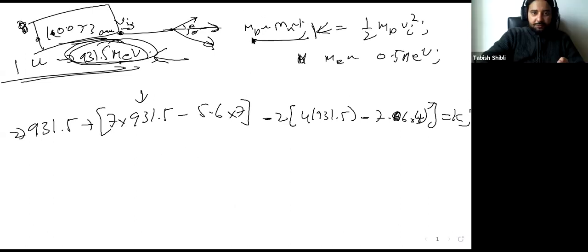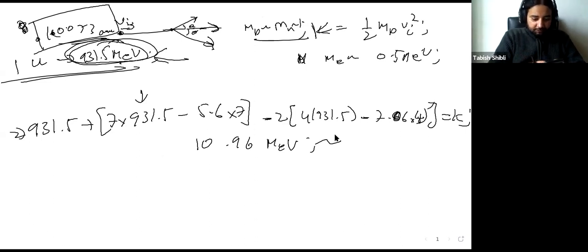I think it should be around that. 6 mega electron volts. Yeah, that does make sense. Let me just do it once. Not because I don't trust you, I trust your calculations immensely, but I want to check. It's always a good habit to check on your own what is happening.